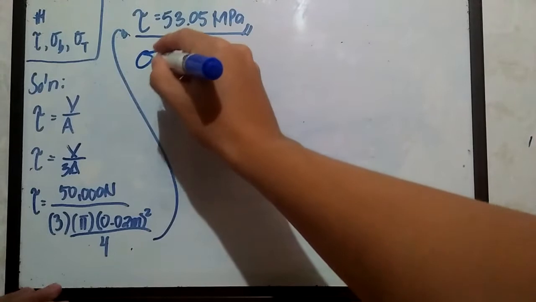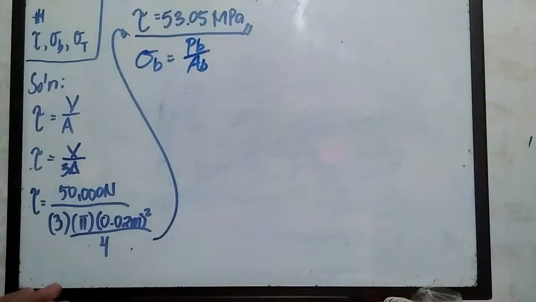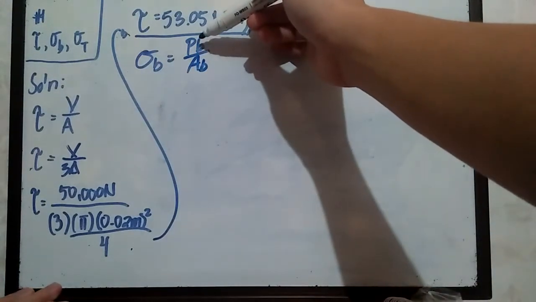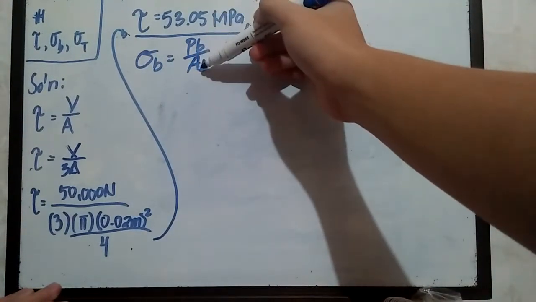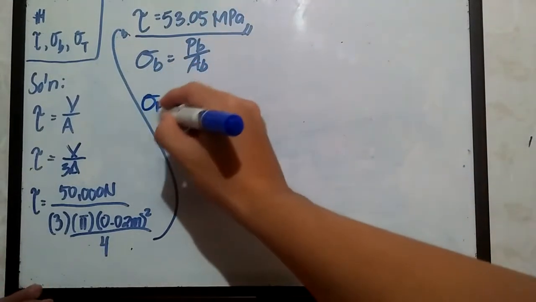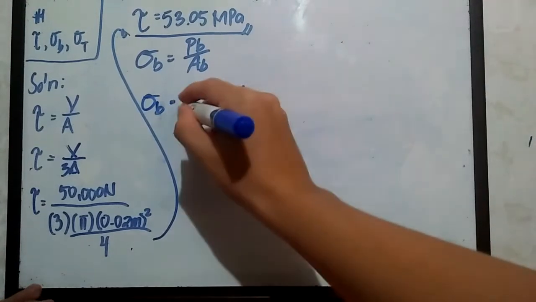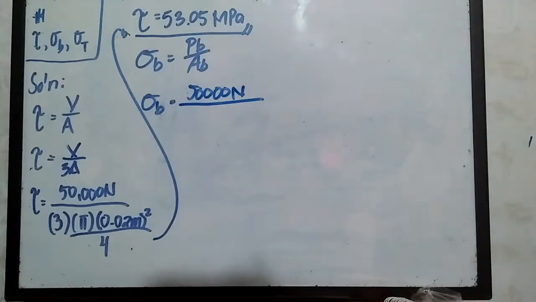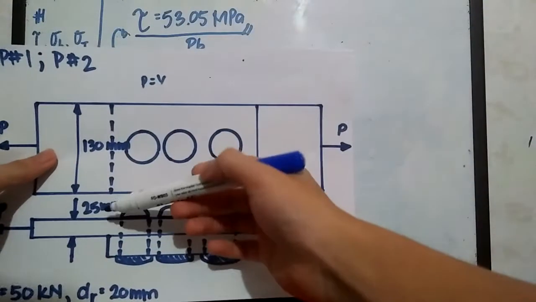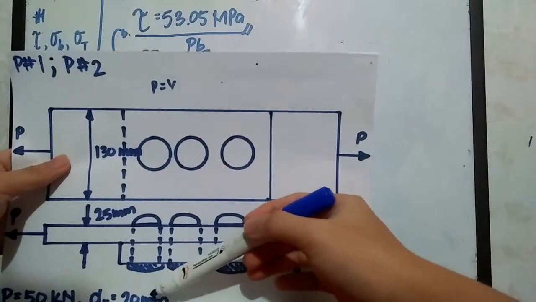The next one is for us to solve the bearing stress generated. Bearing stress is simply P sub B over A sub B. This is the bearing force, which is equal to 50 kilonewtons, and A sub B is the wall of the hole generated in our metal plates. So sigma sub B is equal to 50,000 newtons divided by the thickness of the plate, 25 millimeters, times the diameter of the rivet, 20 millimeters.